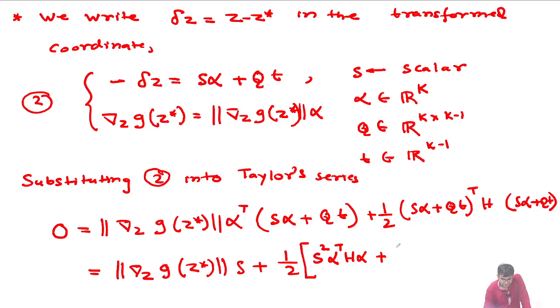Okay, so someone said 0, so this will be equal to s, I am writing at the beginning, that's a scalar, t transpose, sorry, t transpose q transpose H alpha, and there will be a 2 here, because if I do the other side, you will get another one more term, plus what is the last term?